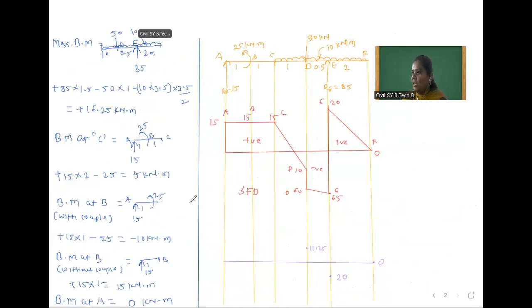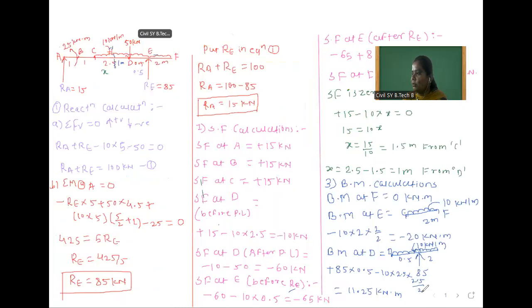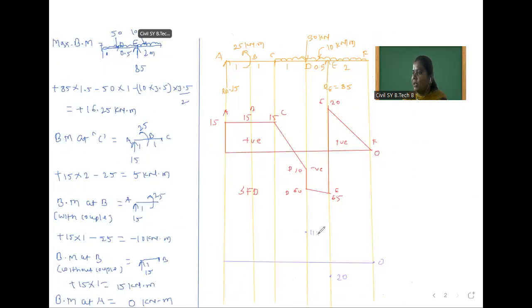Bending moment at C is plus 5 kilonewton-meter. So 11.25 is here, and after that bending moment at C is 5, suppose here.